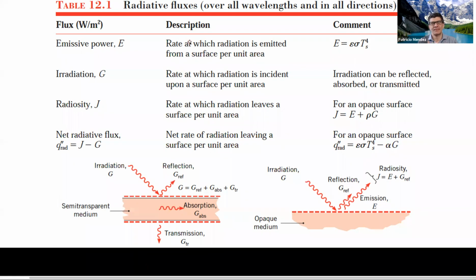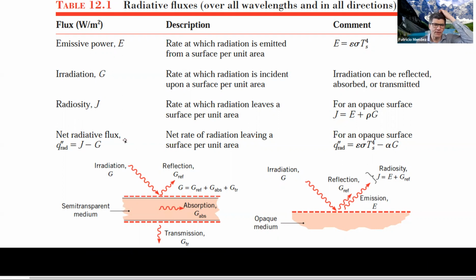So the same way that irradiation is everything that comes in, radiosity is everything that comes out. And the difference with emissive power is that emissive power is the energy that goes out just because the body is hot. Doesn't matter whether you're reflecting a little or a lot, but radiosity accounts for the reflections.